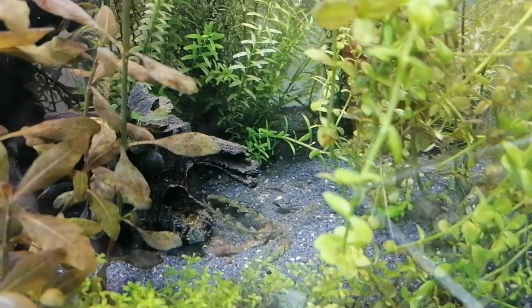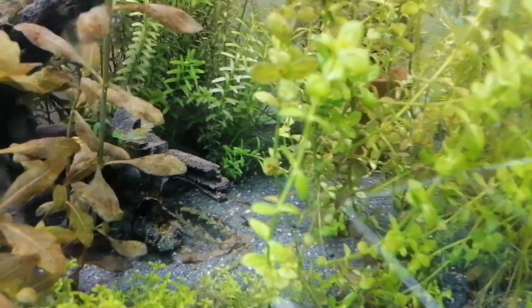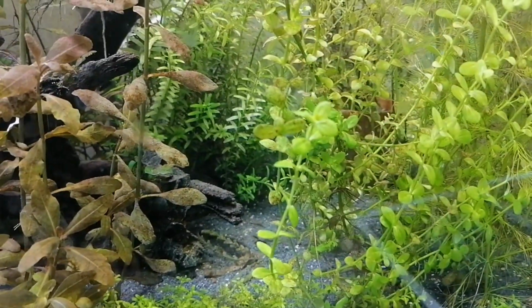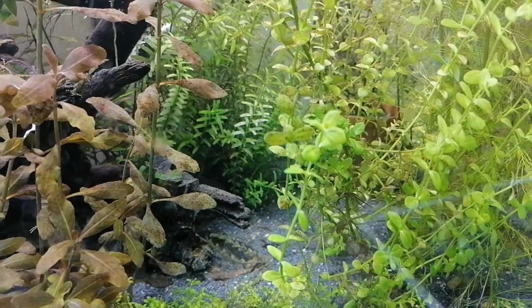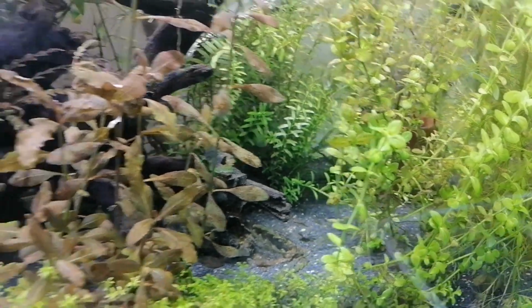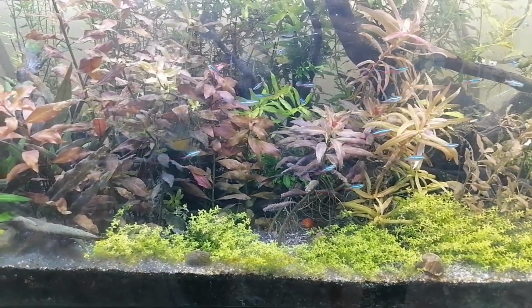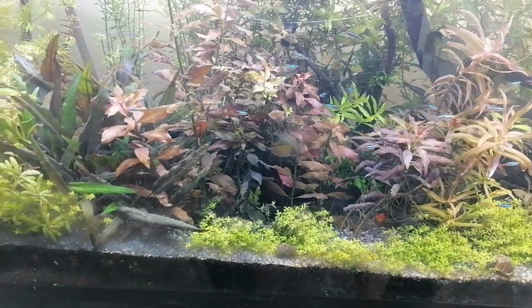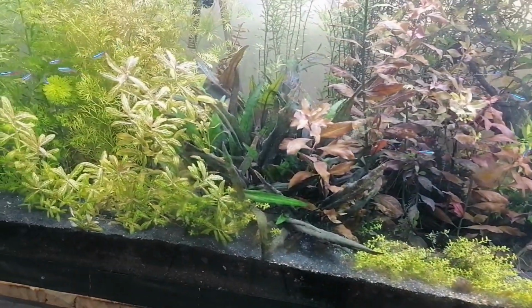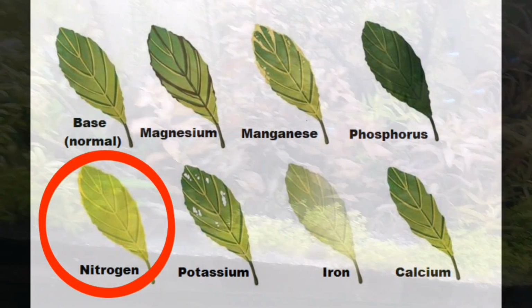And in my Rotala indica, you can see it has some yellow color all around. This is due to the deficiency of nitrogen. If you see the whole leaf turning yellow, this is basically a deficiency of nitrates or nitrogen.